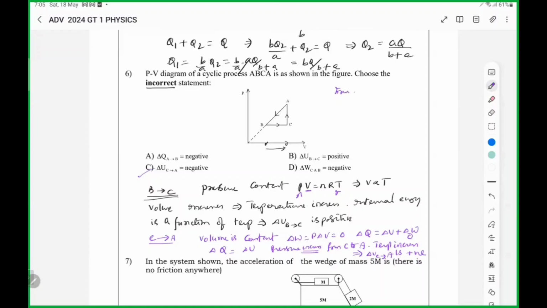From A to B. So here volume is this much. At this point, volume is this much. At this point, pressure is this much at this point. Pressure as well as volume decreases.